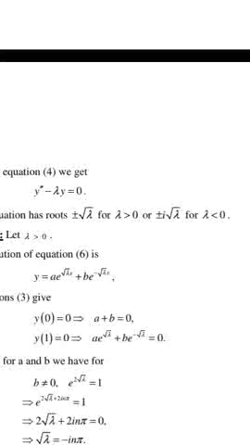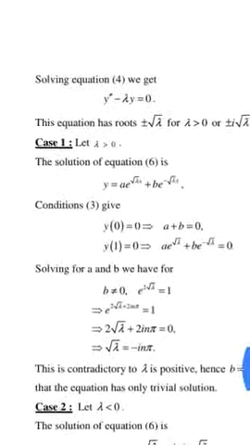For lambda, there arise three cases: lambda greater than 0, lambda equal to 0, and lambda less than 0. Suppose lambda is greater than 0, then the solution of the equation y double dash minus lambda y is equal to 0 is y is equal to a e raised to square root of lambda x plus b e raised to minus square root of lambda x.